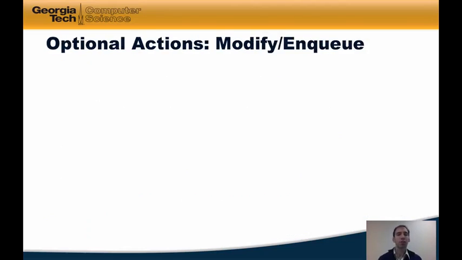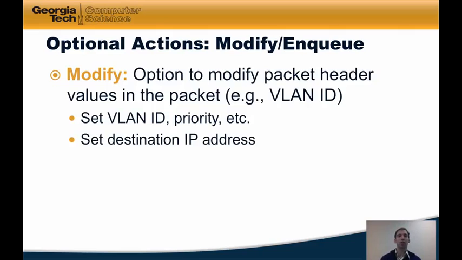In addition, there are several optional actions that the OpenFlow 1.0 specification describes. One is the modify action, whereby the switch might modify various packet header values, such as the VLAN ID or the destination IP address. Modifying the destination IP address could be useful, for example, for performing higher level operations such as wide area network load balancing.